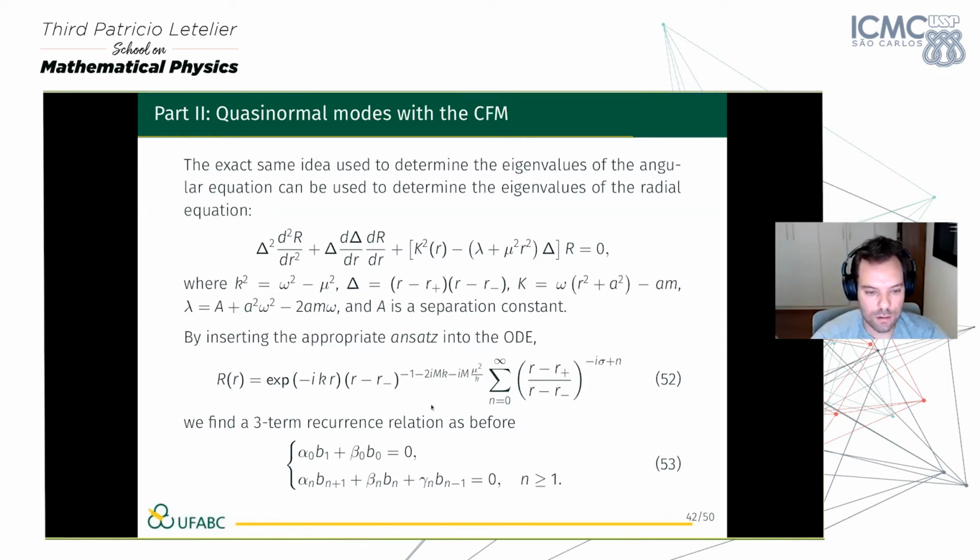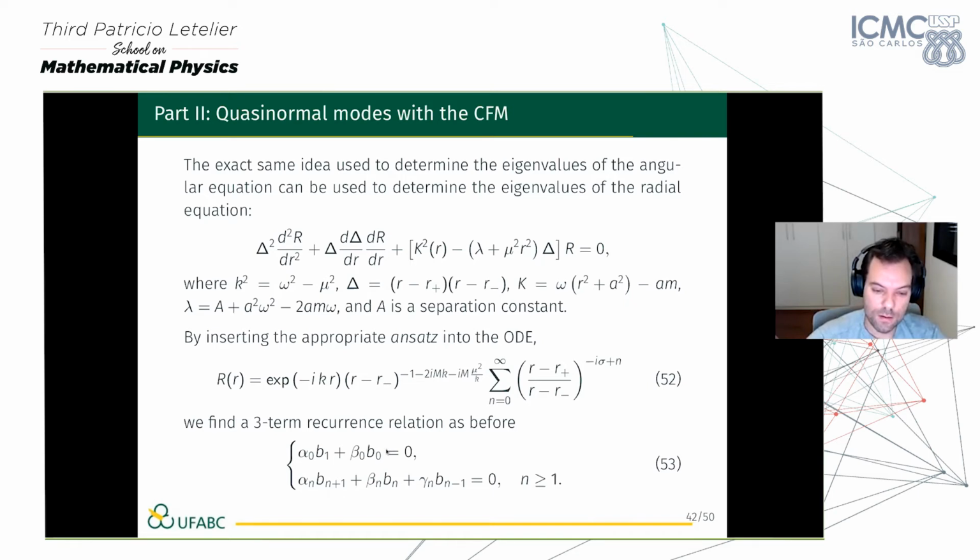Sorry, it should be plus iKr here, because at infinity you just have the outgoing wave. I'll make the corrections later. So this should be plus iKr, but it's just a typo. Everything in the notebook is correct.